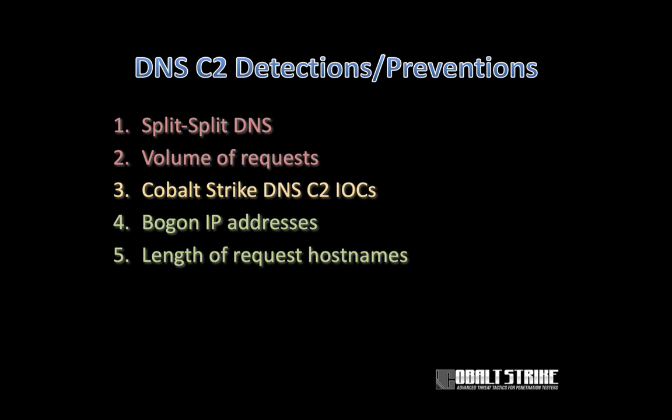A bogon IP address is a DNS response that is observed that has an IP address that would not be valid, like 0.0.0.0. The fifth detection strategy, looking again for something that is just abnormal, is to look at the length of request host names. A 200 character or more request host name is potentially a sign of DNS tunneling, especially when you tie that to a volume of requests.